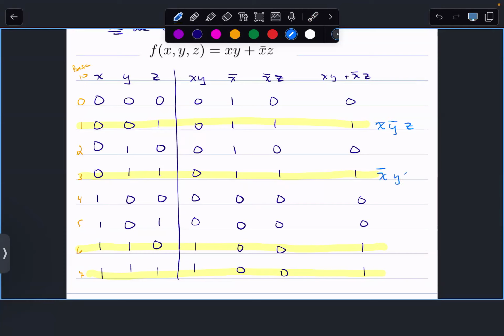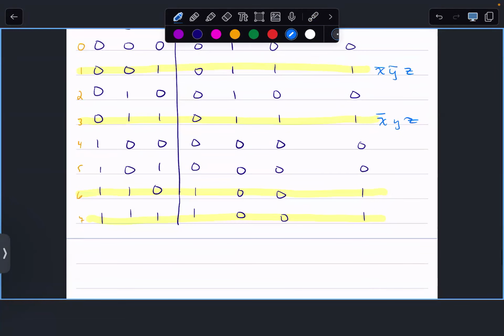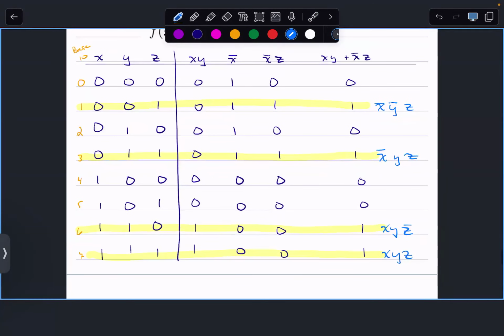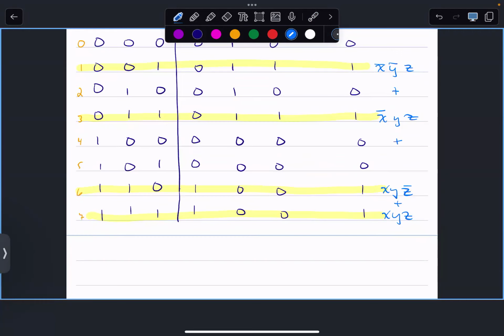Not X, Y, Z. In this case, X is on, Y is on, Z is off. And in this case, they're all on, X, Y, Z. So then the DNF is this plus this plus this.